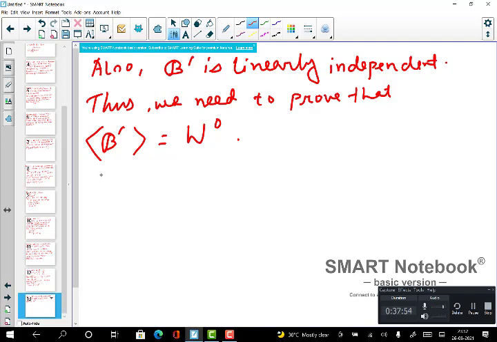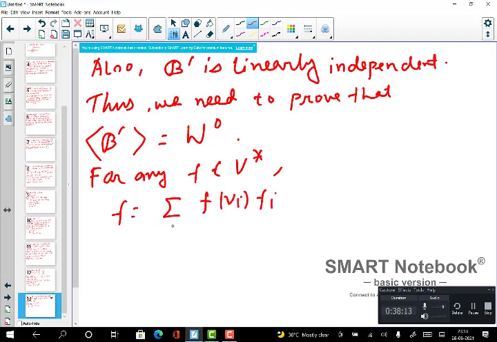For any linear functional f on V, f can be written as the summation of f of v_i times f_i, i equal to 1 to n, because f_i is a dual basis of the basis v_i.